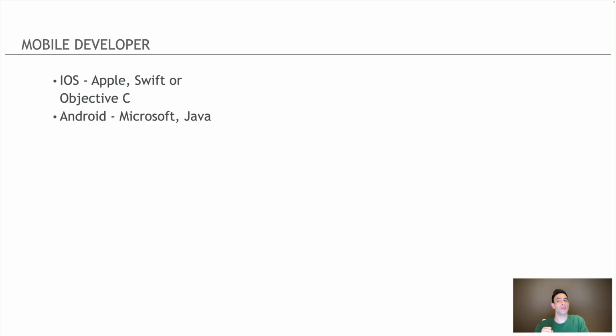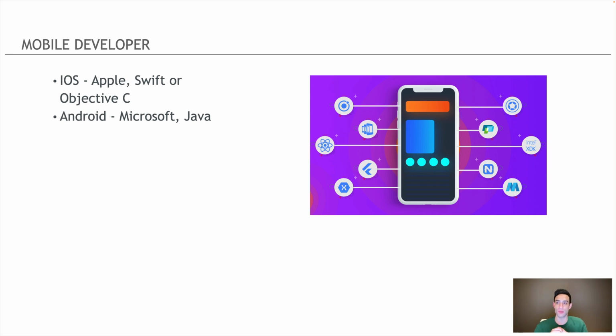And then we have a mobile developer, which in this case we have two: iOS and Android. With iOS, we have Apple, the iPhone. They mainly develop in Swift, a programming language called Swift, or Objective-C.